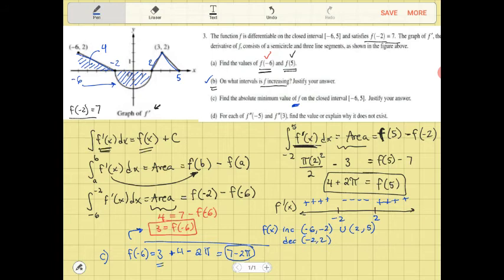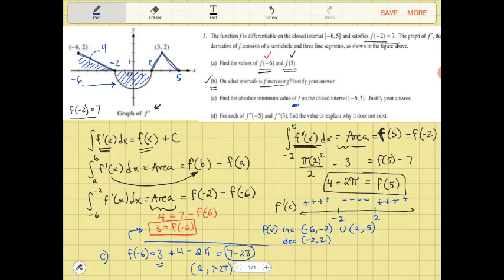So this would be the minimum value. And they didn't ask you when you achieve that minimum value, but the minimum value would be at x equals 2. Because that is the point when you stop adding or subtracting area.